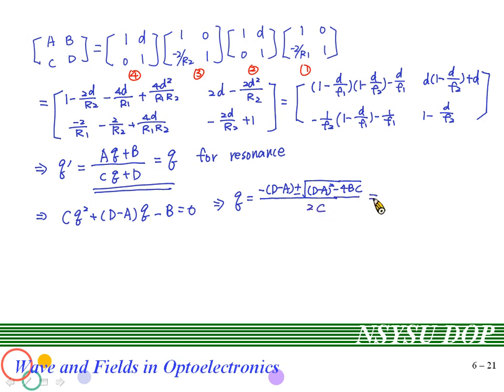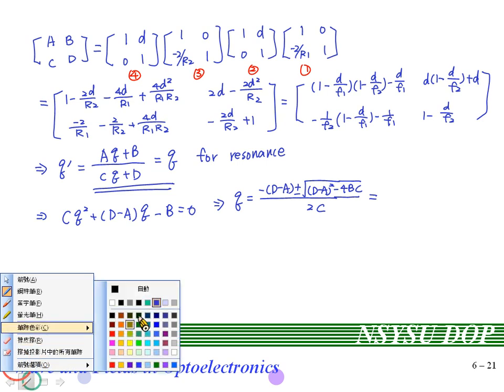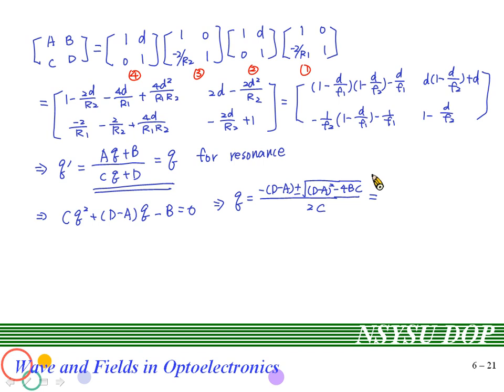Again, in this system, the Gaussian beam still goes from free space to free space, from the input to output. So the determinant of the ABCD matrix is 1. We use the relationship that AD minus BC is 1, and take this relationship into here.